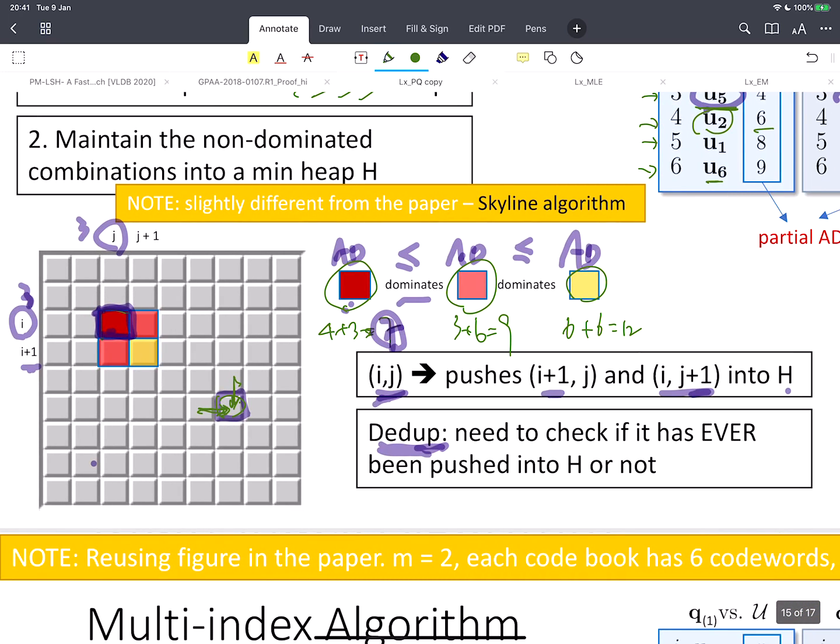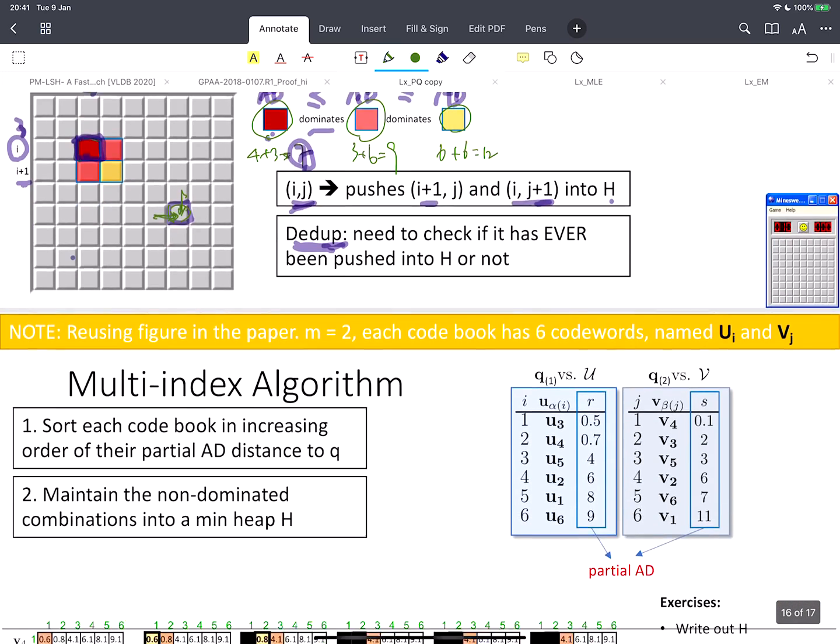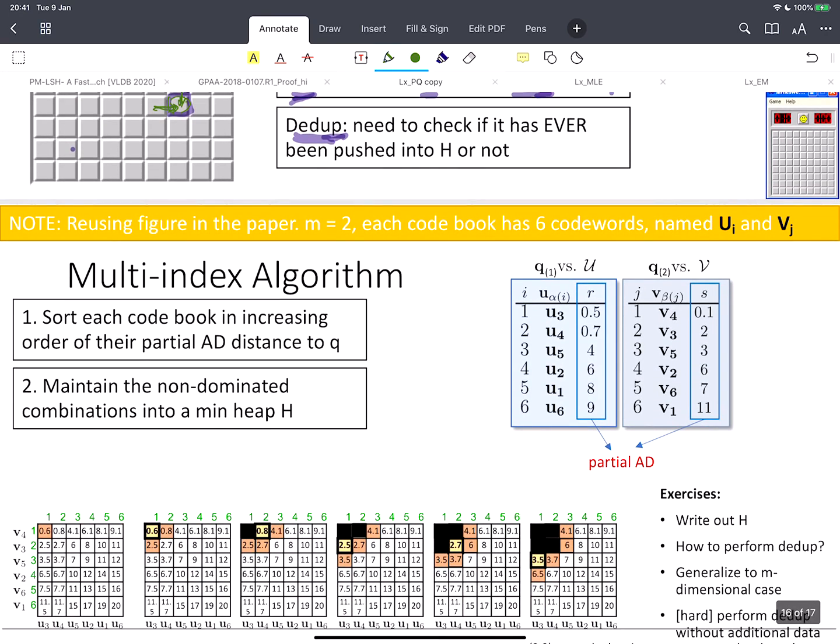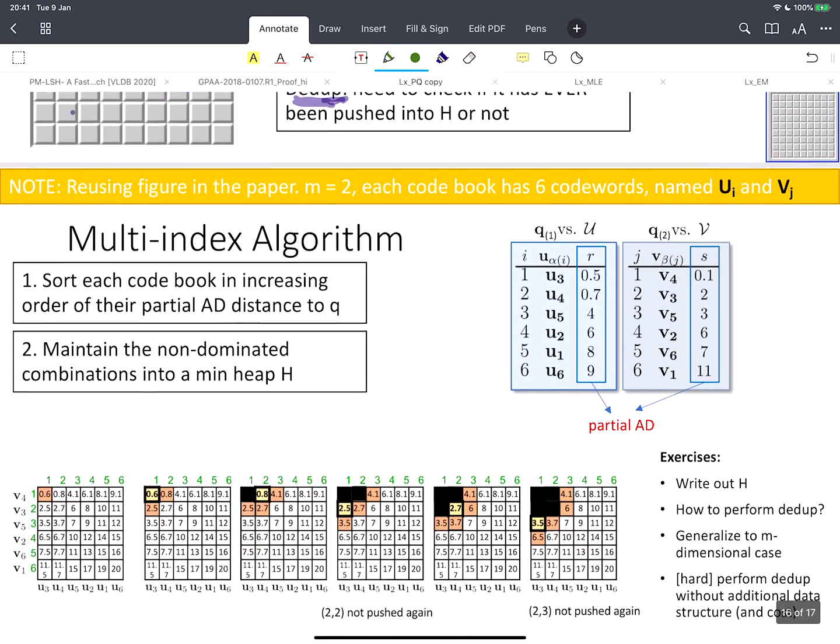So you definitely don't want the same thing to be pushed twice. So you should check whether it has ever been pushed into H or not. Typically you can use a bitmap or some kind of data structure to maintain this kind of information. But there are actually clever ways to do that.